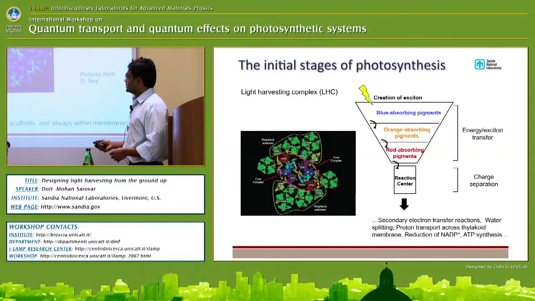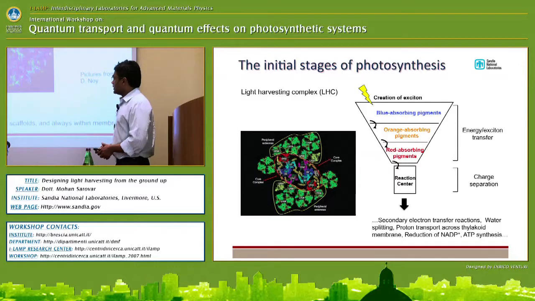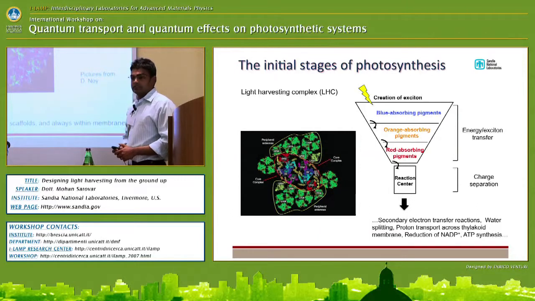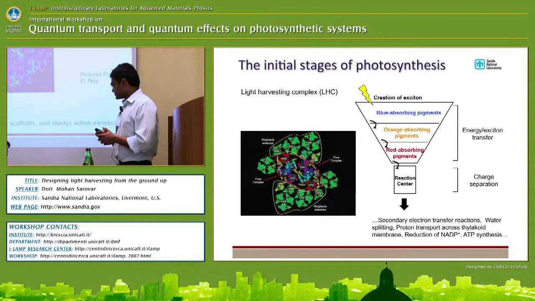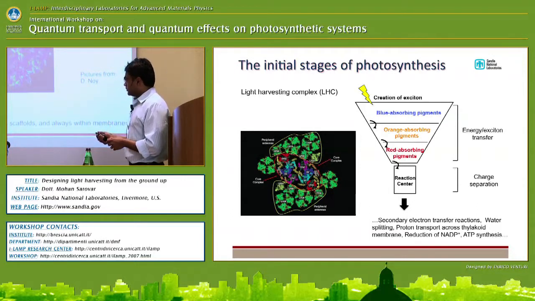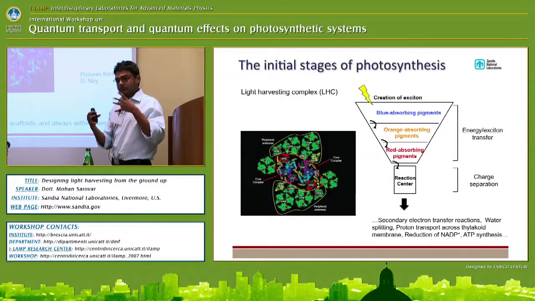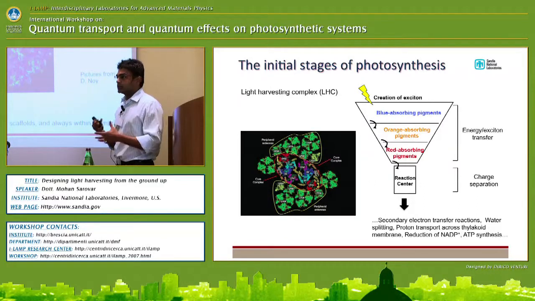You have some that are not so symmetric, or at least at first glance, they're not so symmetric. But some things they do have in common are they're all composed of very densely packed pigment molecules. And most of them are also embedded in some protein scaffolds. So the protein is holding the pigments together and providing some kind of structural and energetic tuning.